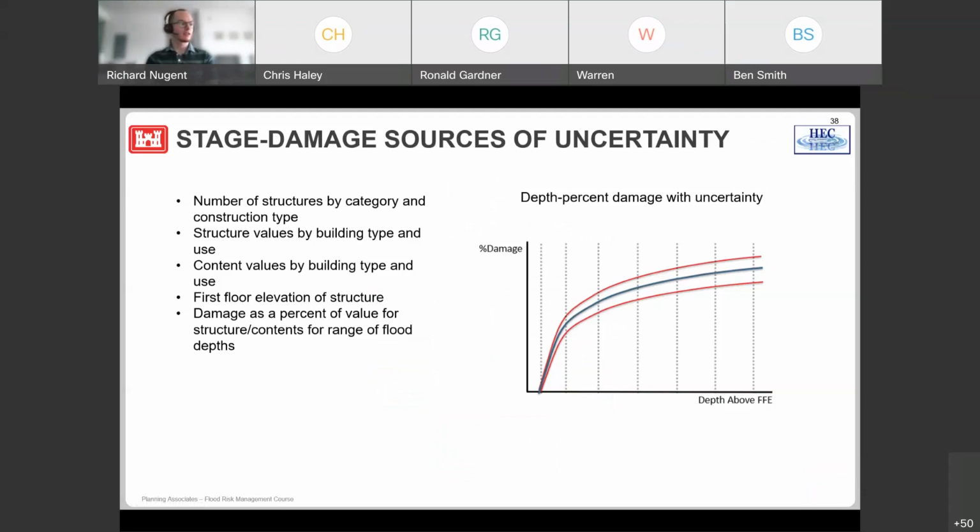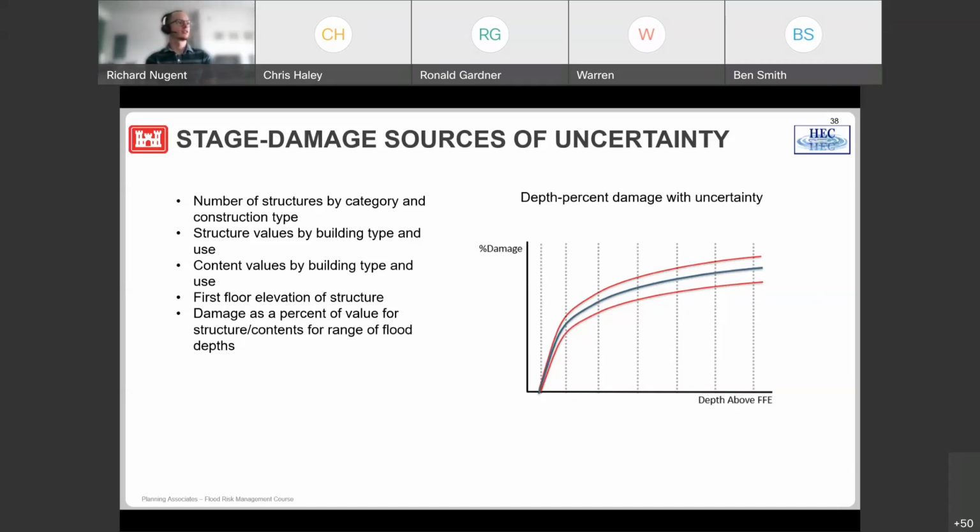There are a lot of things that go into how much of a structure's value is damaged for given depths. Things like the velocity and or duration of flooding, right? So if the velocity is really high, then there's a chance that the structure just collapses and 100% of the structure value is damaged. Duration of flooding matters because if the flooding recedes very slowly, then there's going to be a higher level of damage.